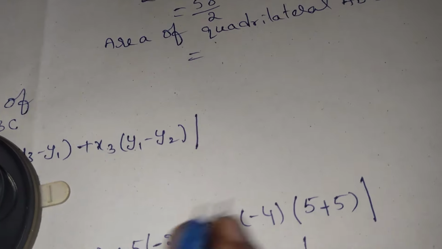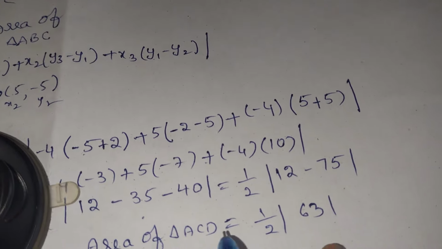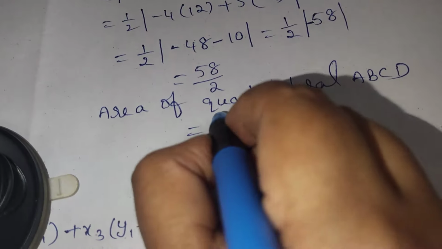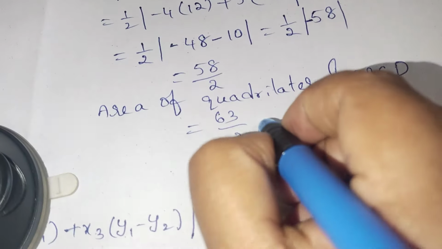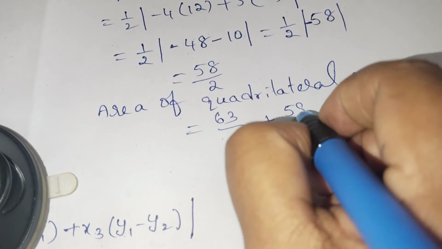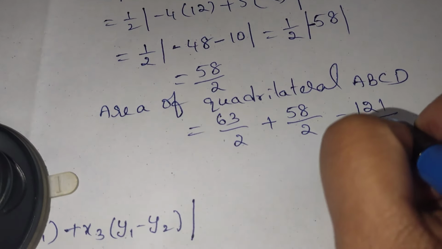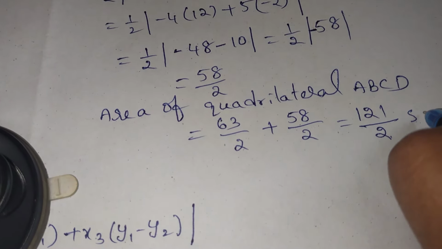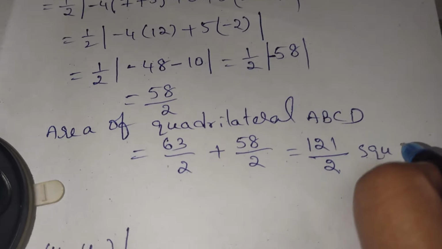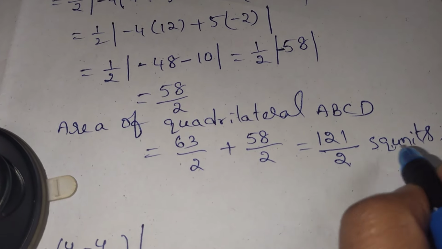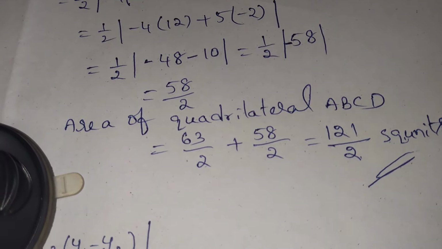What is the area of triangle ACD? 63 by 2. So 63 by 2 plus 58 by 2. This is 121 by 2 square units. So this is the solution.